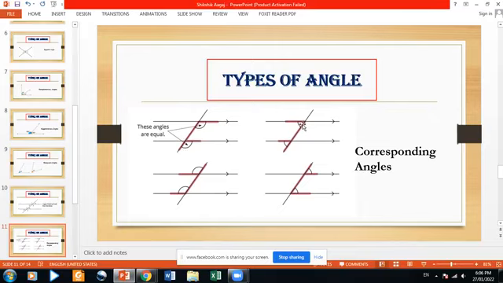Now we will come to the left side of the transversal and just below the parallel lines.